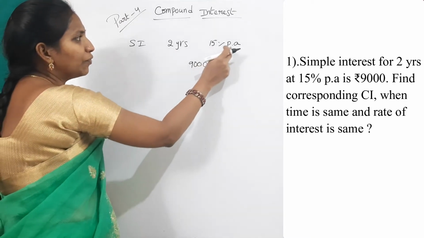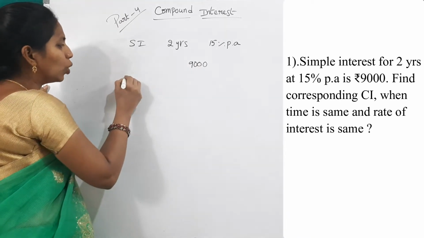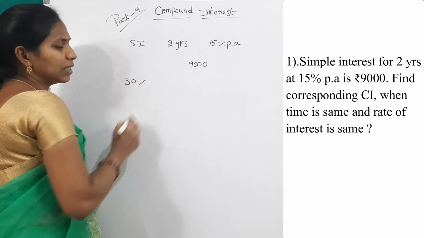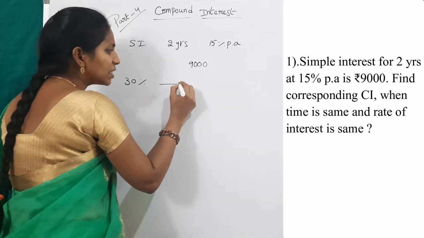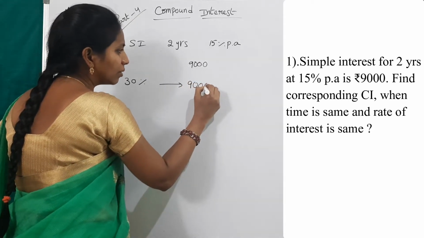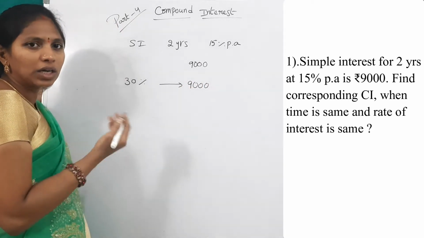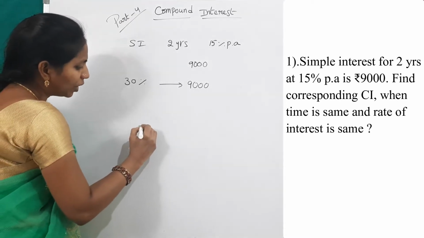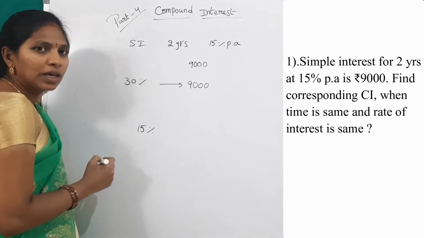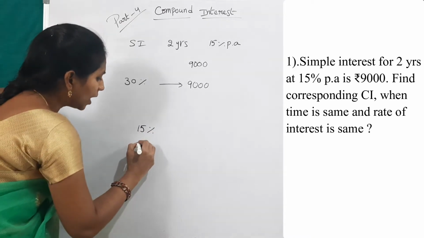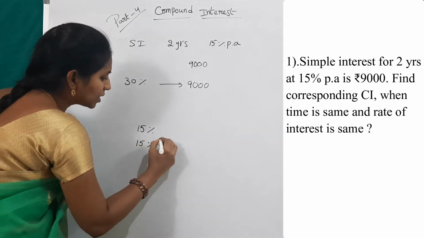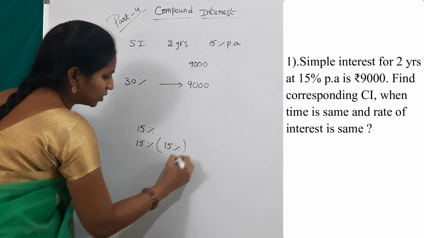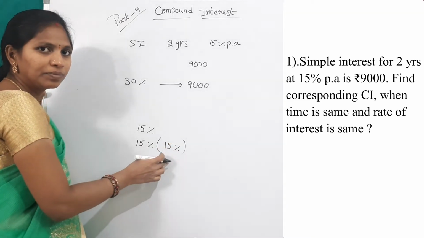2 years, 15% per annum means totally that is 30%. 30% is equal to 9,000. Then we should find out the compound interest. See here, first year 15%. Then second year compound interest is 15% of 15%. Isn't it?